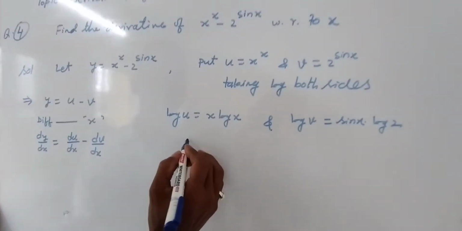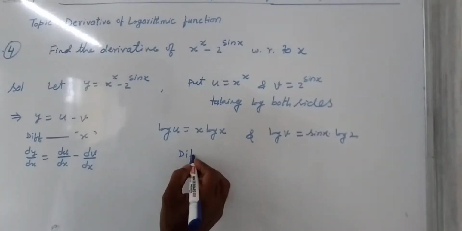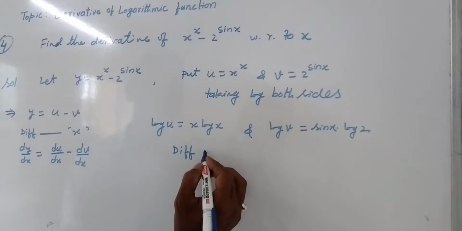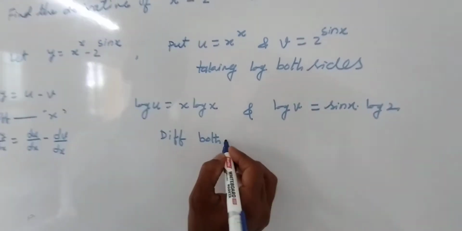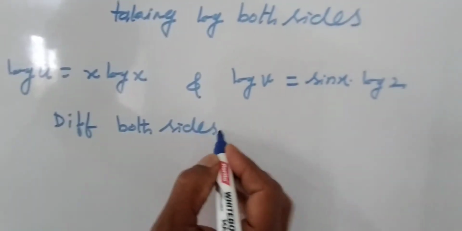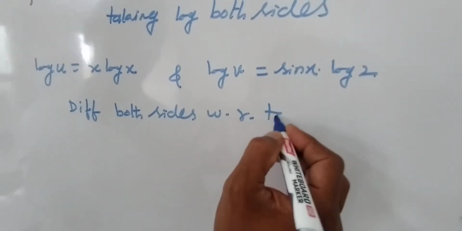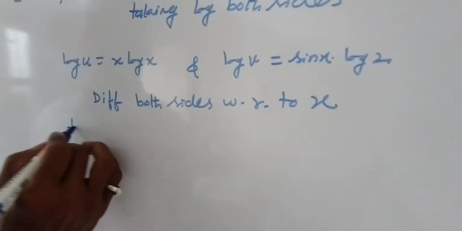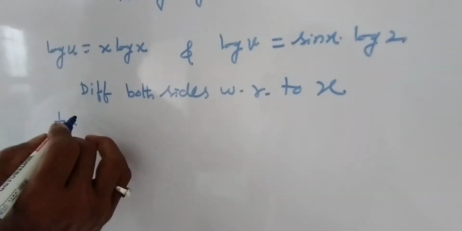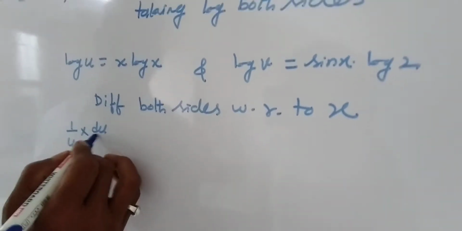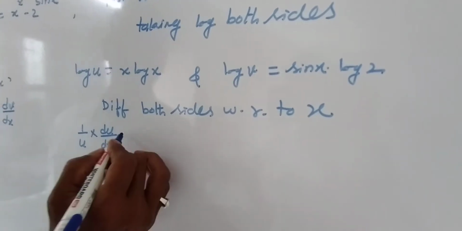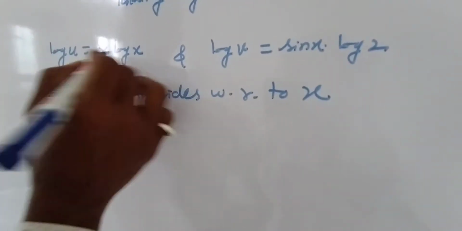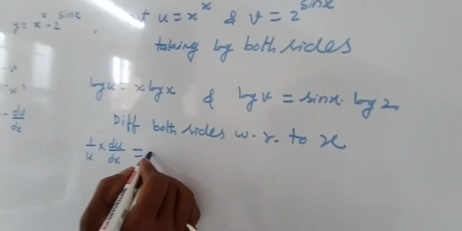Now differentiating both sides with respect to x. Derivative of log u is 1 by u and derivative of u with respect to x is du by dx. Here u into v form, so x unchanged.